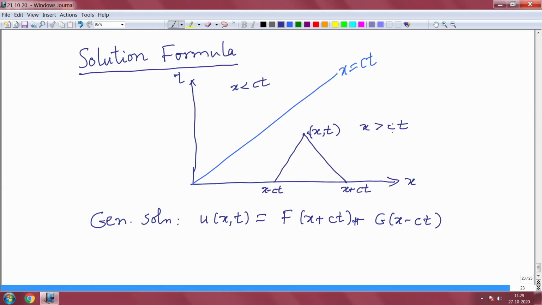And since x is bigger than C t, this x minus C t lies on the positive axis. Thus, the value of the solution at such a point is determined only by the initial values, and because this will not see the boundary, the solution is simply obtained by D'Alembert's formula.